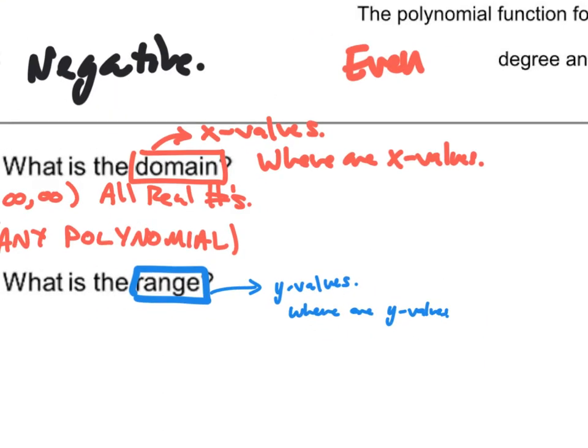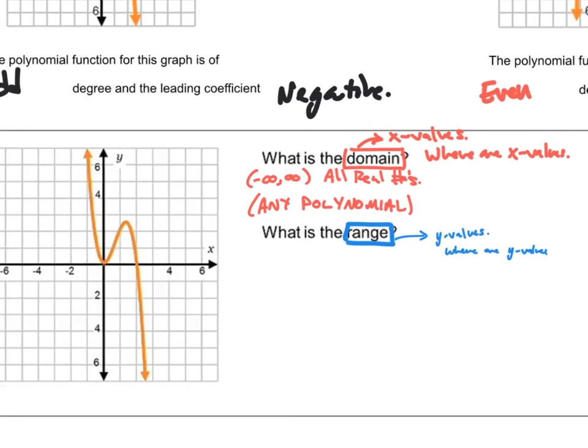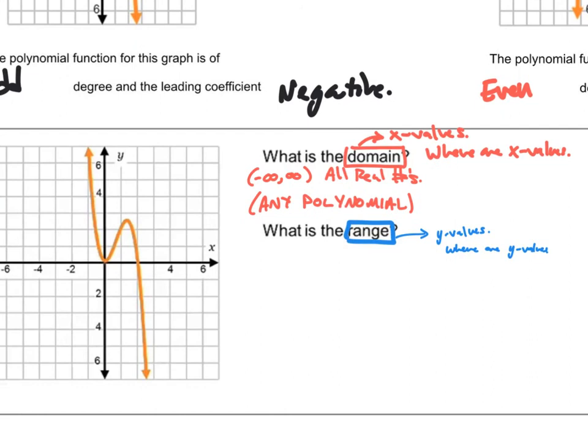Now this function here, here's what I know. The end behavior, as I look at this graph, as x gets infinitely small, the y values go up. So we go up to the left, and we go down to the right. As the x values get big, the y values get small. So up to the left, and down to the right.